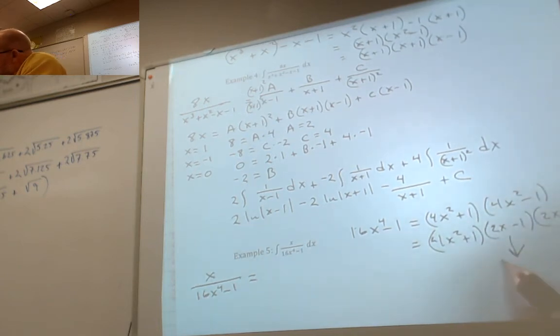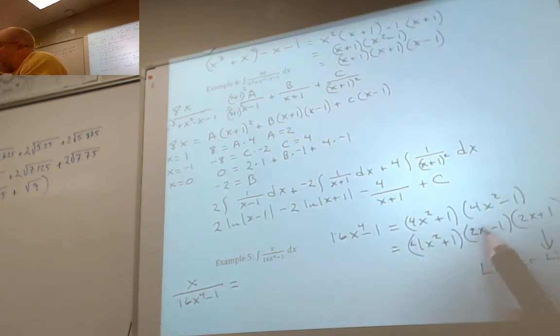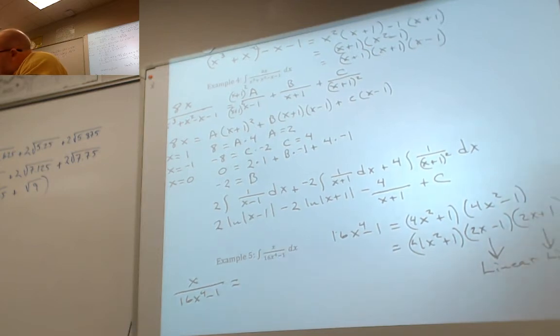Now, this is linear. It's called a linear factor. Would you agree? Because this x has a degree of 1. This means this is going to have a as the numerator. This is going to have b as the numerator.